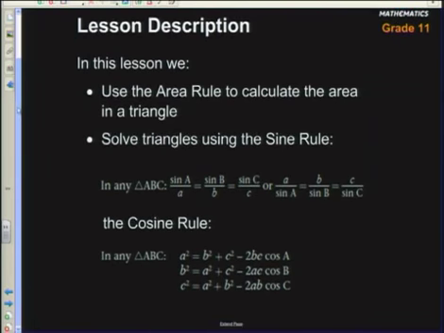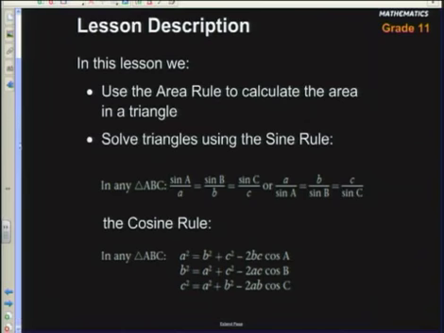For those of you who haven't yet seen the sine rule, it can be written as ratios of the sides of the triangle to the sine of the angle of that triangle. And if you've got an unknown angle, you'll have the angle in the numerator. And if you have the unknown side, you'll have the unknown side in the numerator.